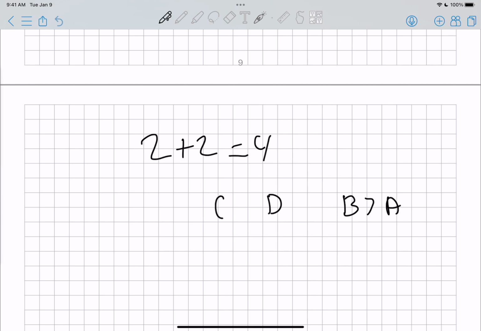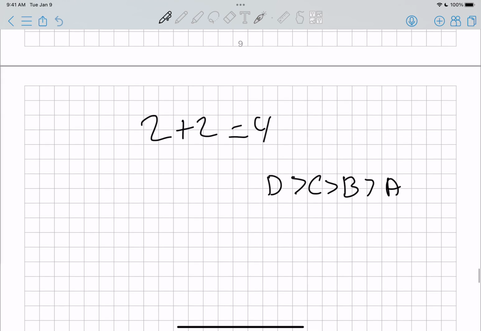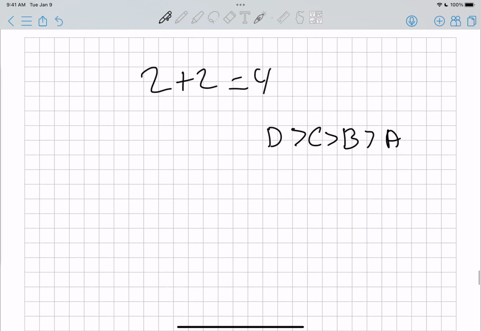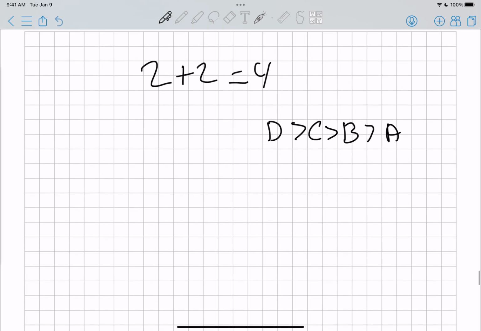Well, how about which one is greater, C or D? D would be greater than C. Excellent. Why is that? Because of the dielectric, right? If each capacitor has a value of 2 farads, it would be 2 plus 2 plus 2, so that's 6.